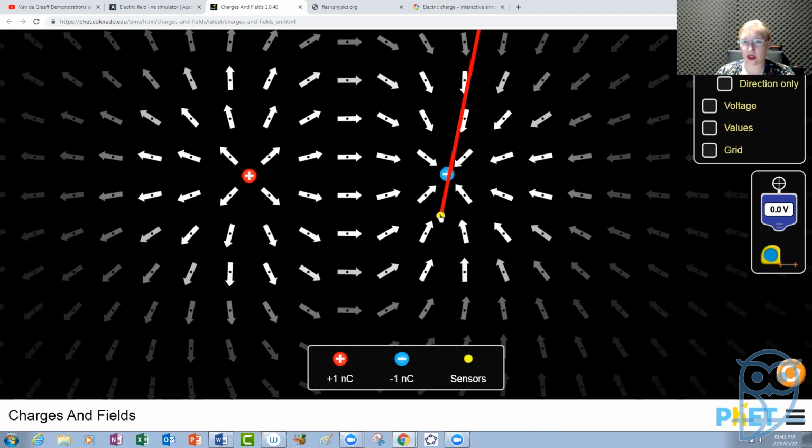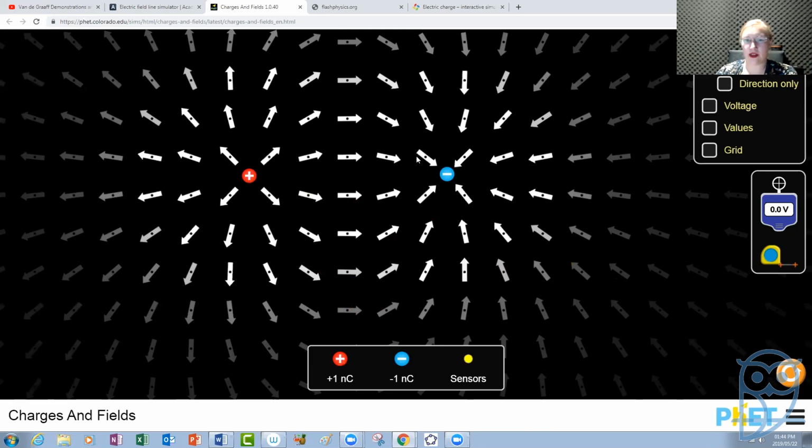If we move very close towards this negatively charged one, then the force will be high again. The length of this arrow shows the amount of force, and the direction of this arrow just shows the direction of the field lines. So there it lines up with that arrow. Okay.